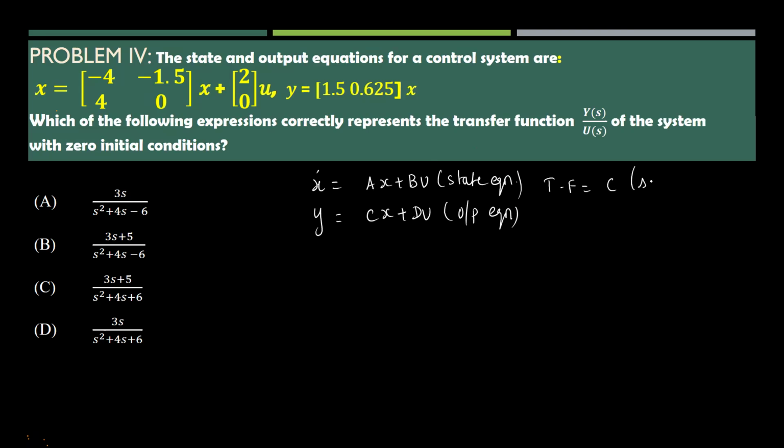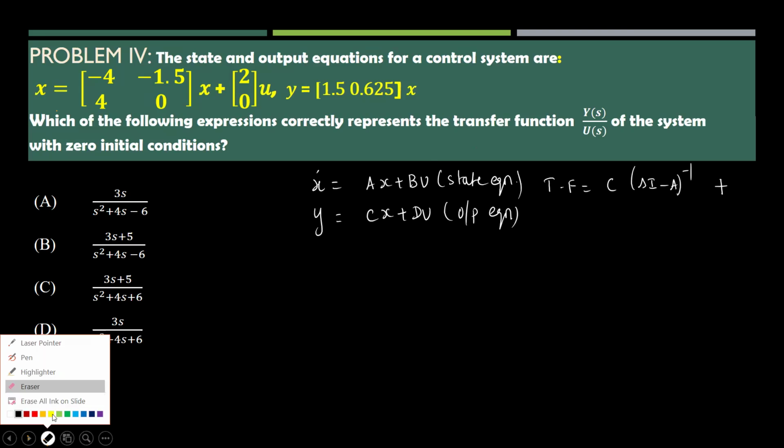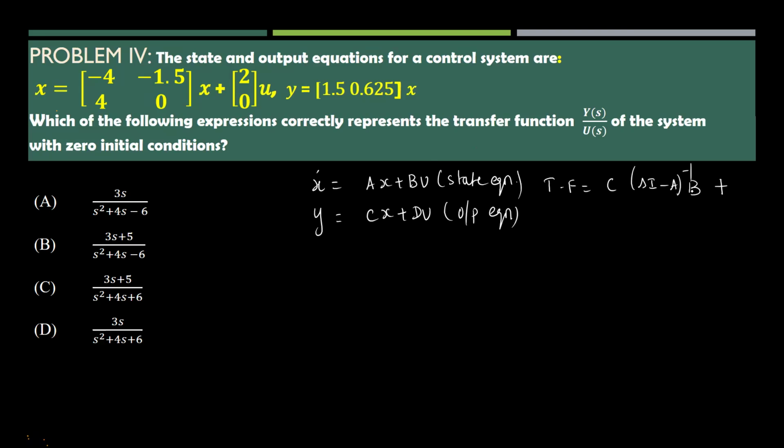C into (sI minus A) the whole inverse into B. This is B matrix. Into B plus D. Okay. So using this relationship, using this formulation, we can find the transfer function directly.